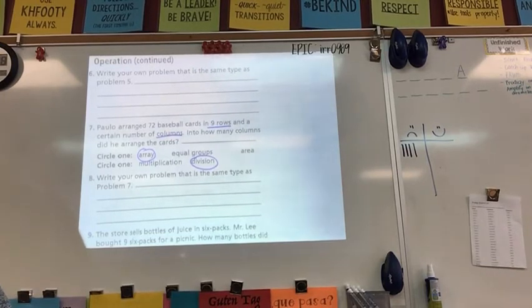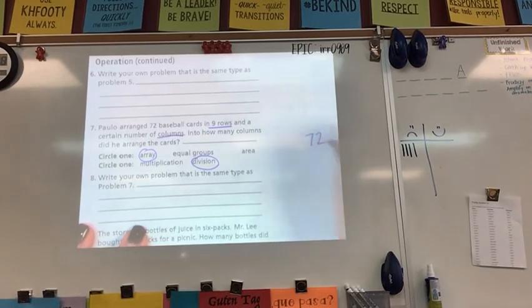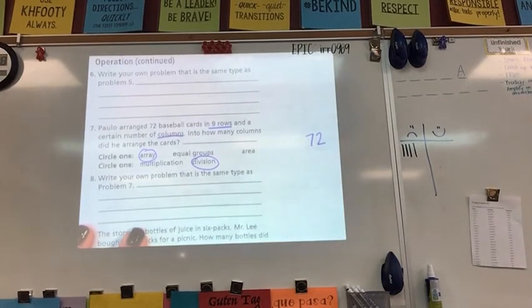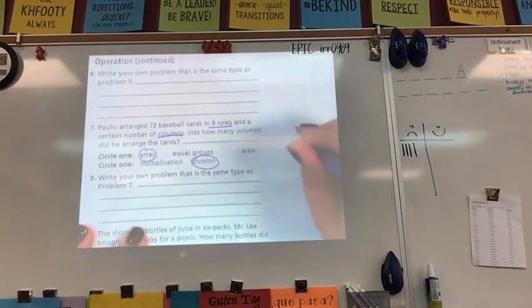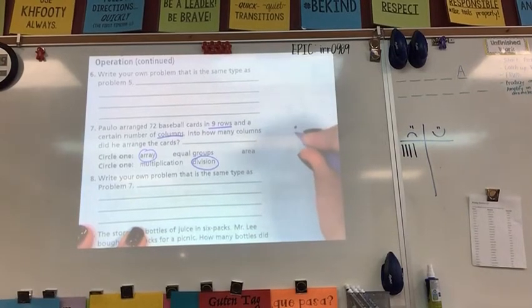So you want to put the number 72 and then you want to put 9 dots on the top. My rows go like buttons, remember?